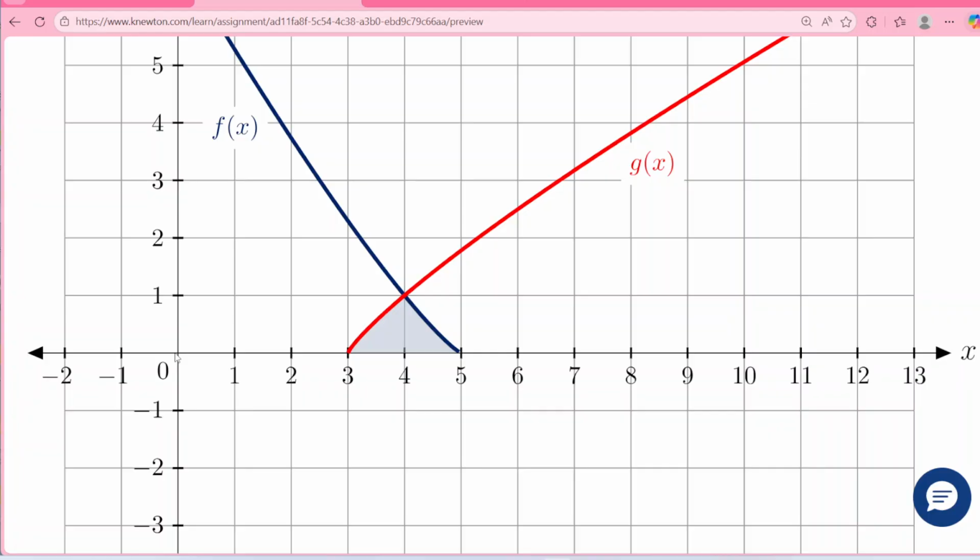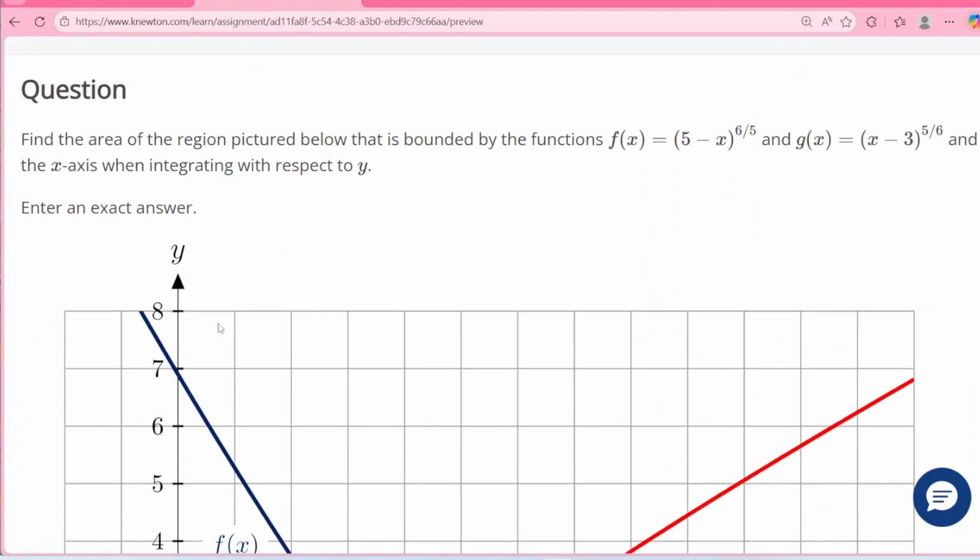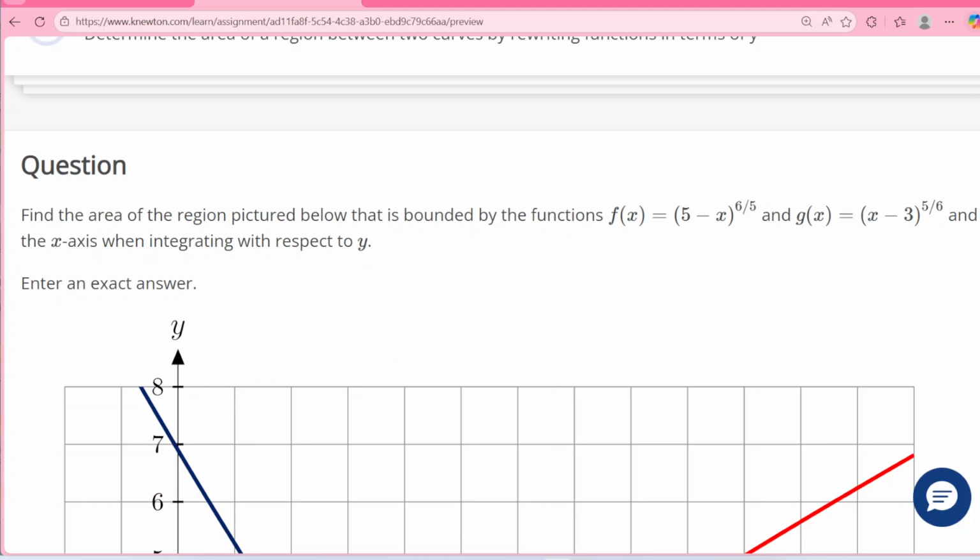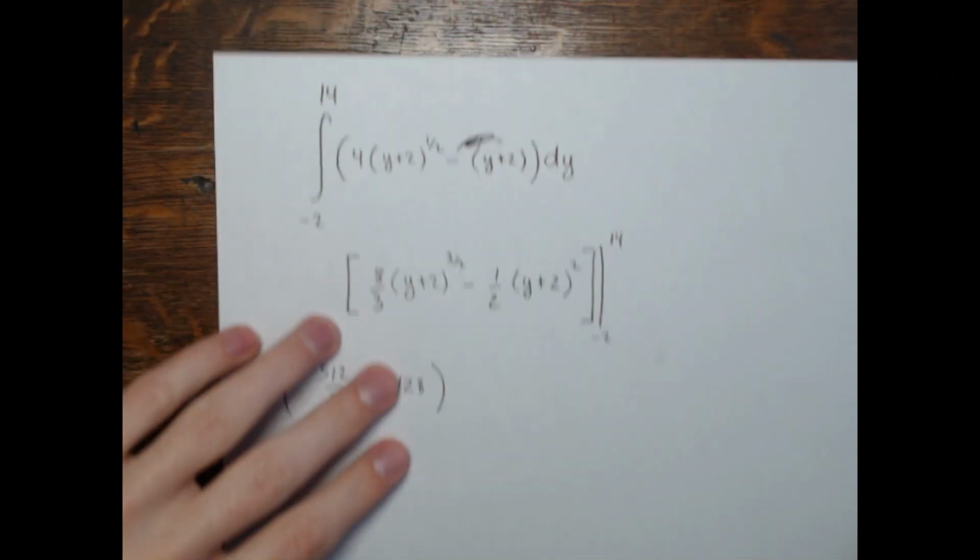But with respect to the y-axis, I'm going from 0 to 1, and the right curve's always the same, the left curve's always the same. So I just need to take f here on the right, get x in terms of y, and then take g, which is on the left, and get x in terms of y, and then set up the integral from 0 to 1. All right, so let's solve those.